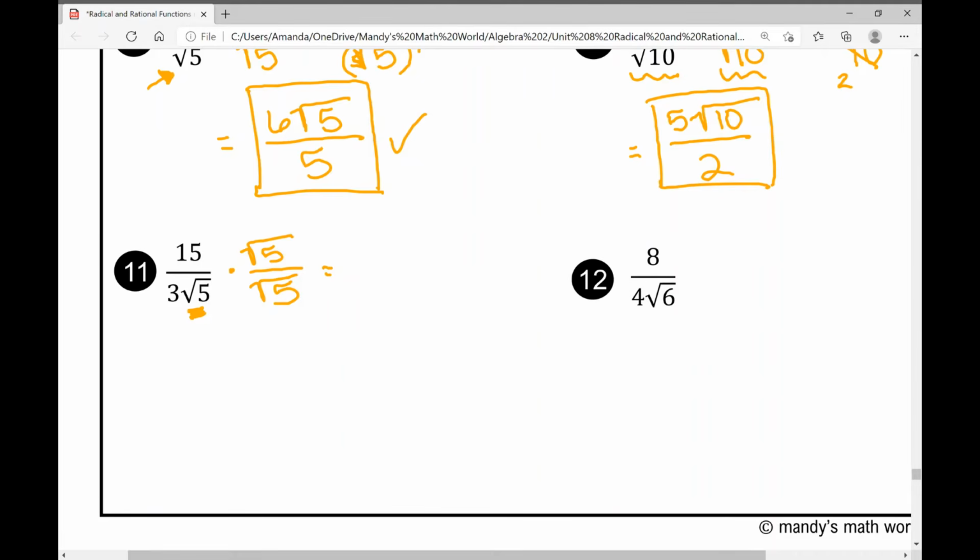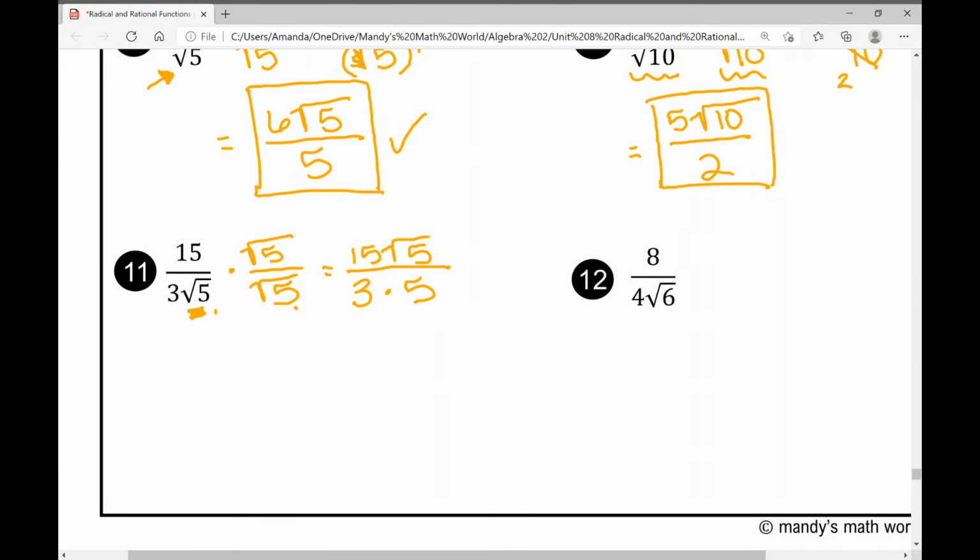When you're multiplying fractions, ain't no problem. It's top times top and the bottom times the bottom. So that's how I get 15 times the square root of 5. I get 15 root 5 divided by, in the denominator, I now have 3 times the square root of 5 times the square root of 5, which is just 3 times 5, right? Because the square root of 5 times the square root of 5 is just 5. Okay, we remove that radical.